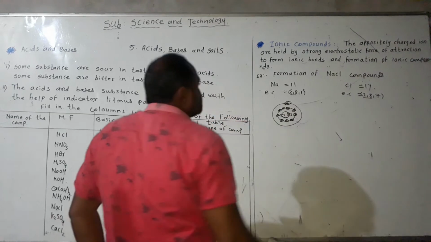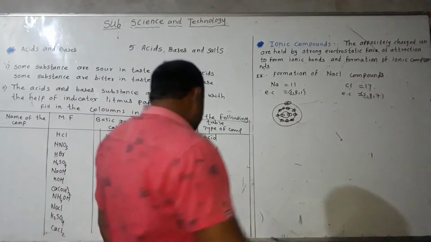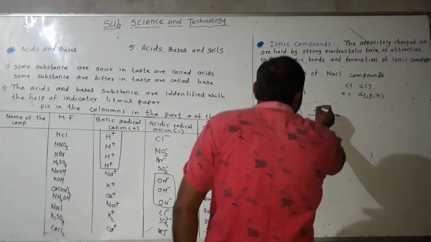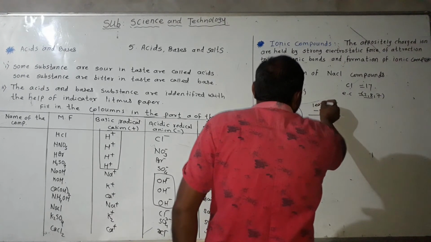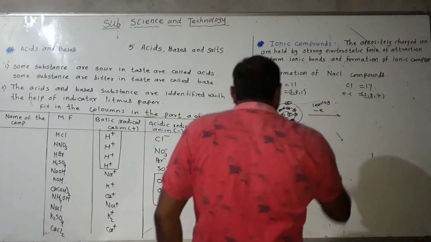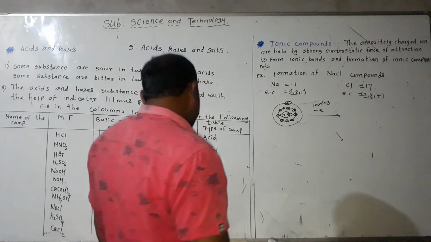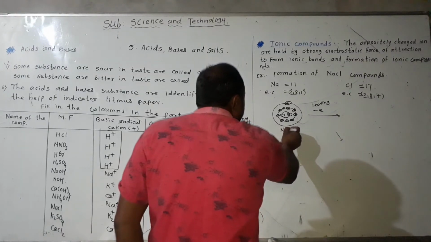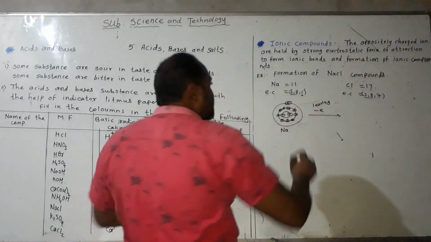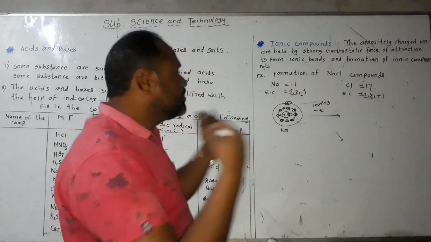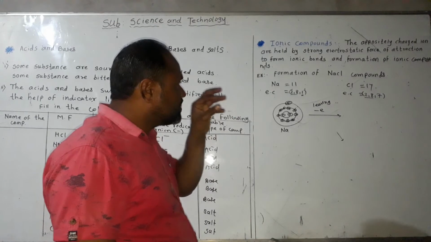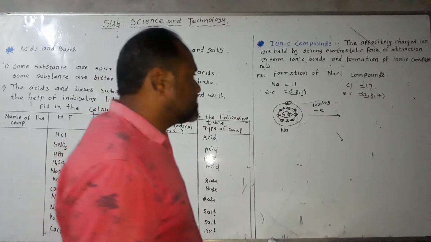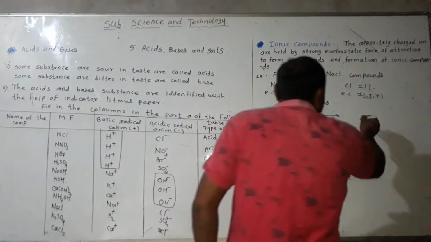Only 1 electron, and that 1 electron is leaving from the sodium atom. One electron leaves, so that atom becomes a cation, meaning Na plus charge will form.